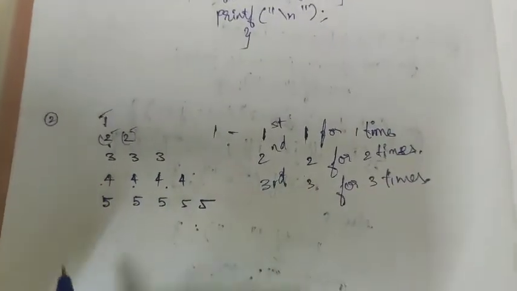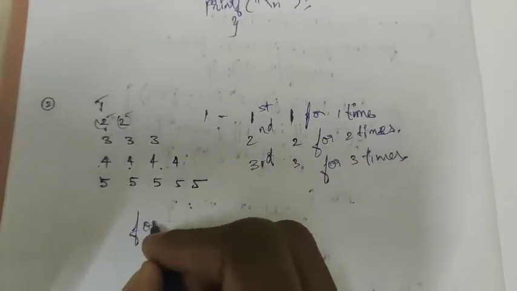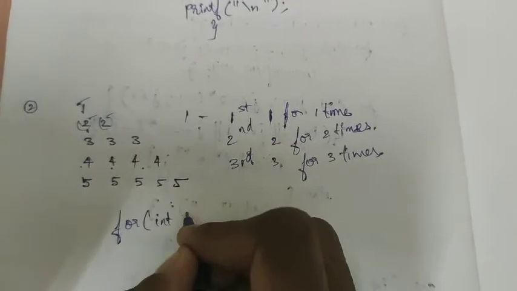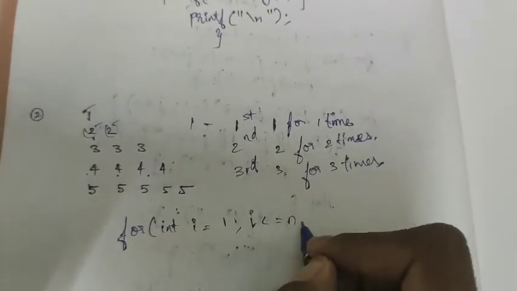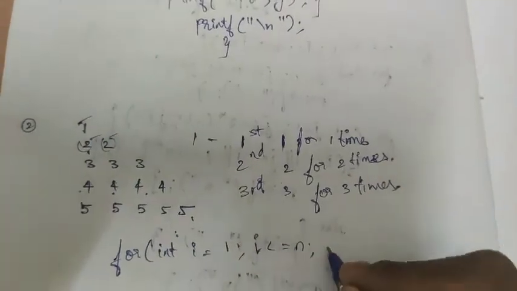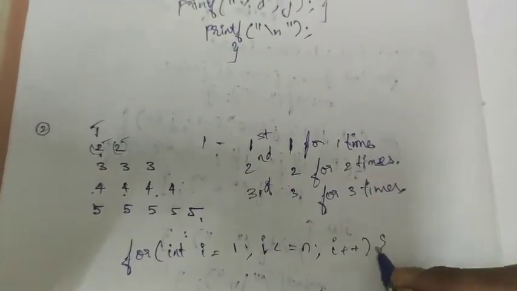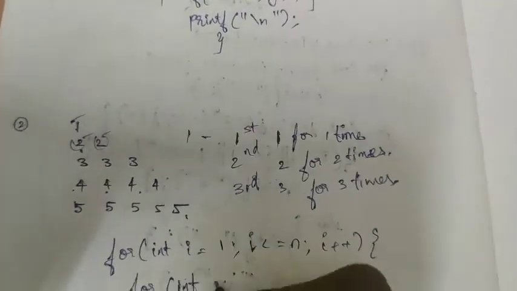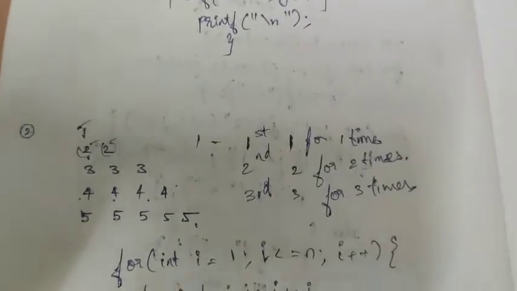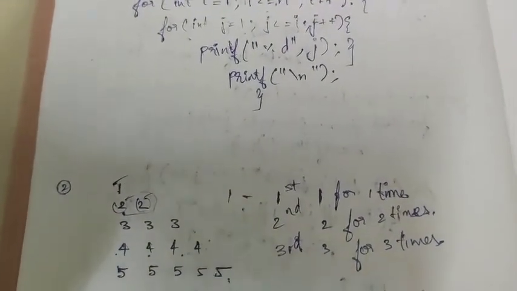So when we implement the loop: for int i is equal to 1, i less than or equal to n, for my convenience I am taking 5, i plus plus, for int j is equal to 1, j should be less than or equal to i, right? Because the maximum number of elements in a particular row doesn't exceed the row number.